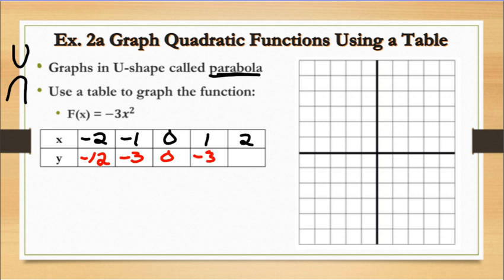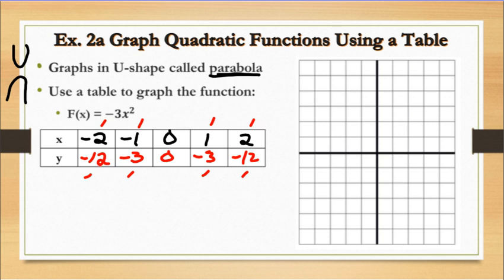And 2 squared is 4. 4 times -3 is -12. So you can see that I have two y values that are the same. We have a -12 here, a -12 here, -3 here, and -3 here. But their x values are -2, +2, -1, +1. That's how you would make a parabola shape. Anytime we're dealing with quadratics, make sure you're using positive and negative of that number.